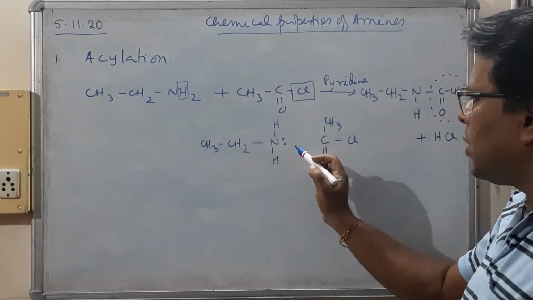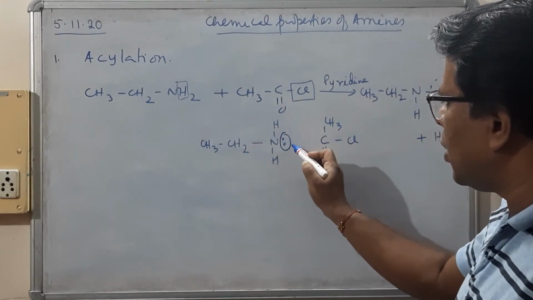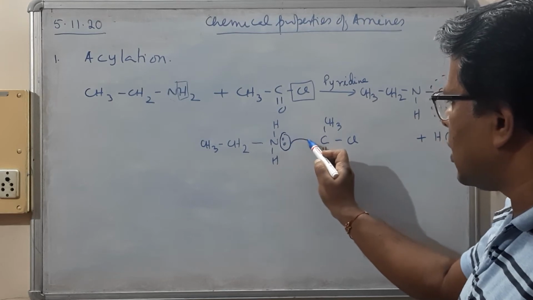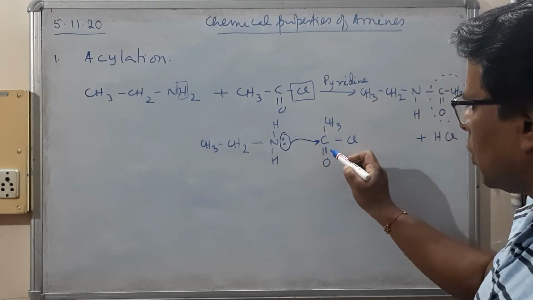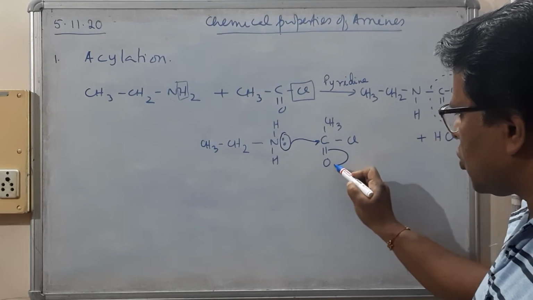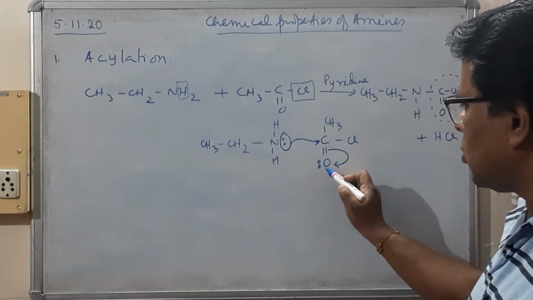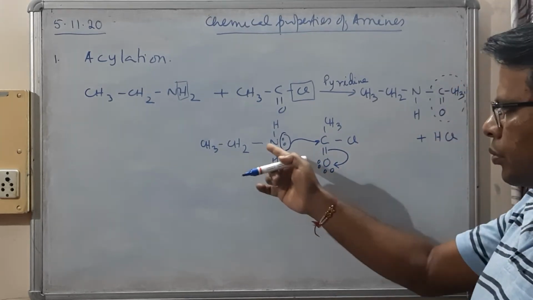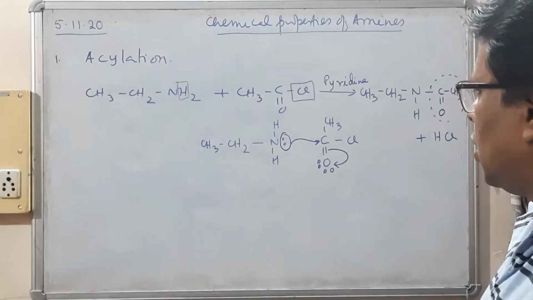So what actually happens is first this nucleophile, this lone pair, attacks here. This pi bond breaks and comes over oxygen. And oxygen has two lone pairs. This is what happened first.